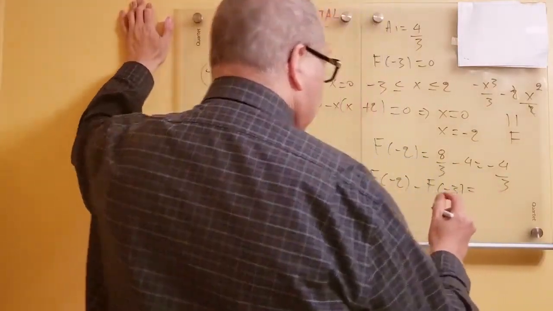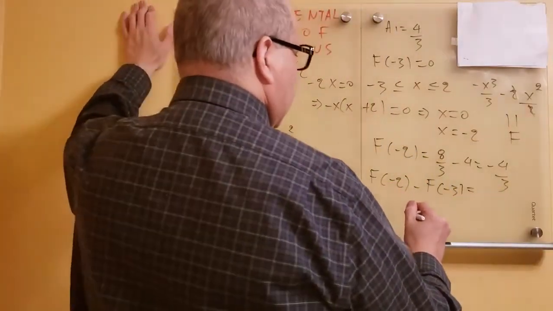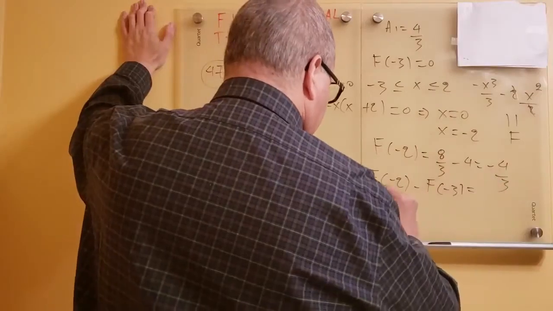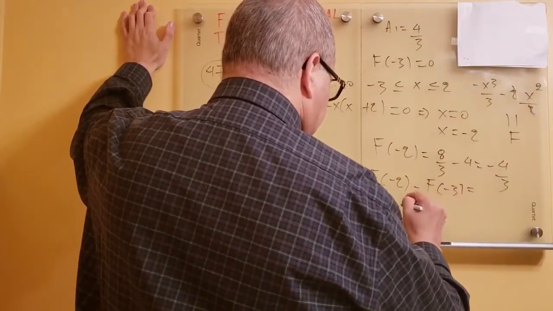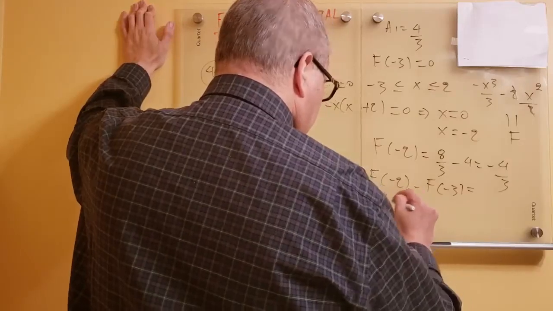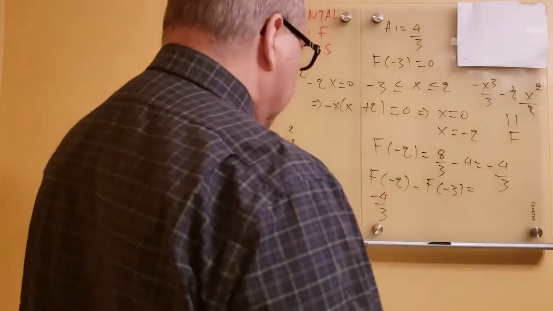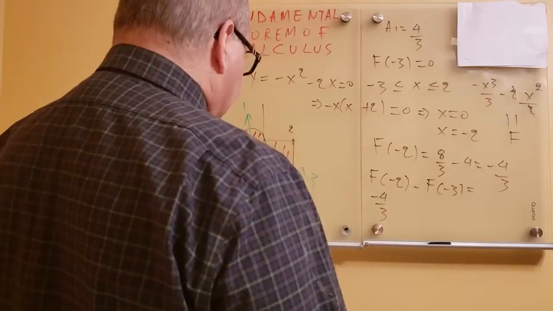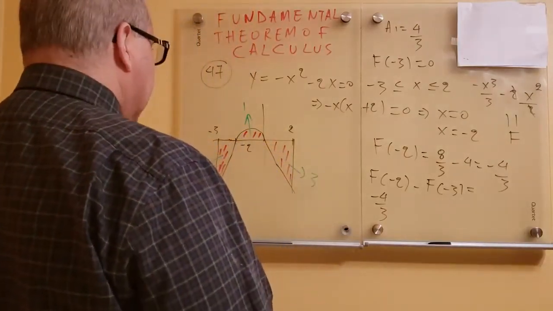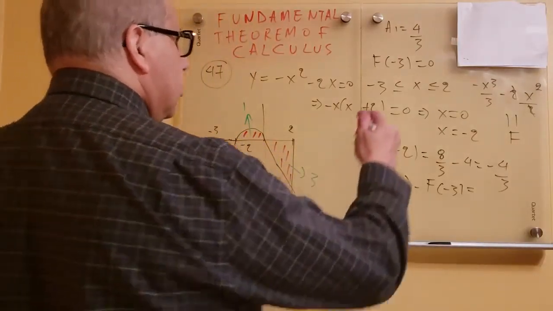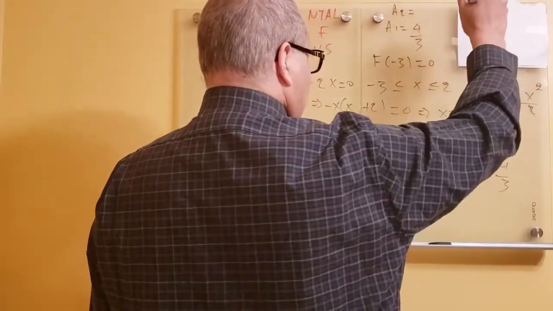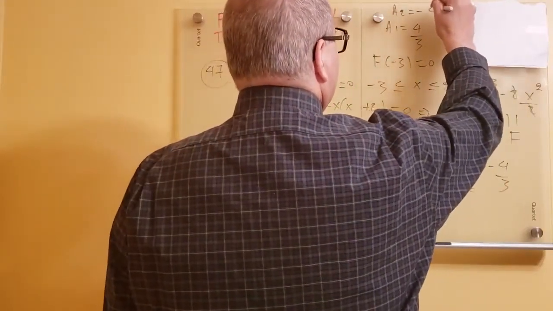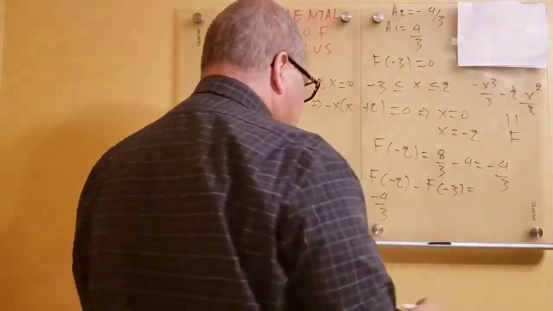So that should be equal with -4/3 minus F of -3, which is 0. Okay, so that's the area A2. So area A2 is equal with -4 over 3.